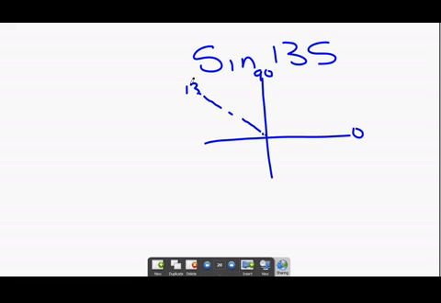How do I get to 135? This is 180. For me to get to 135, I can say it's either 90 plus 45, or it's 180 subtract 45.